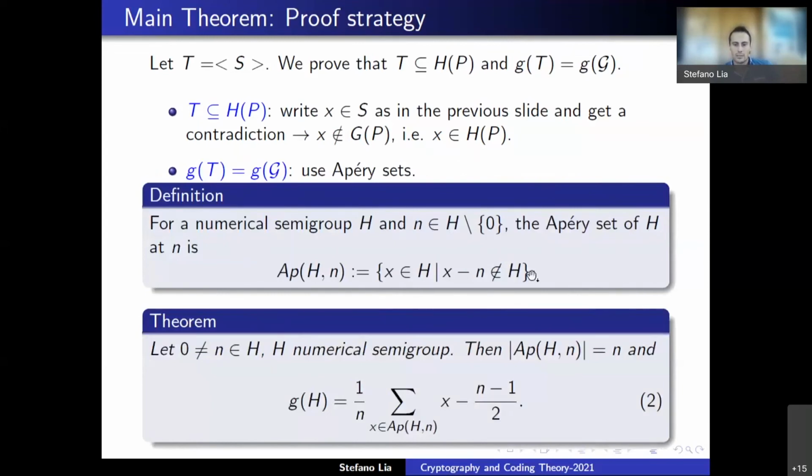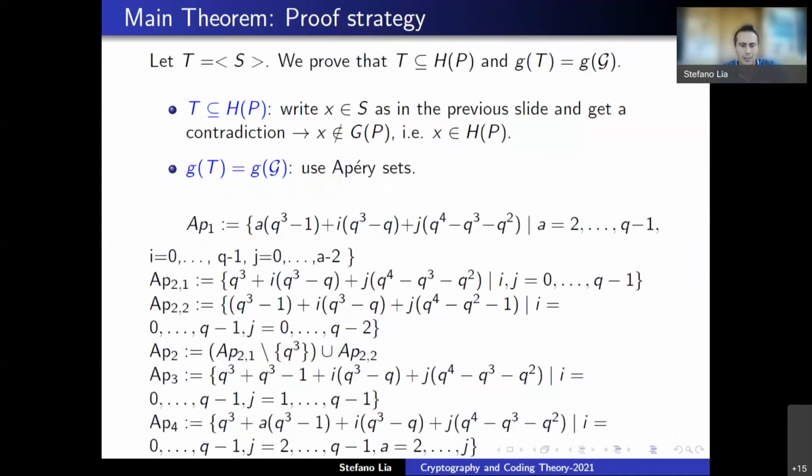And it's a very powerful tool because if you know, for some non-gap n, the Apéry set of H at n, then you can compute the genus of the semigroup, which is, in the general setting, a very hard task.